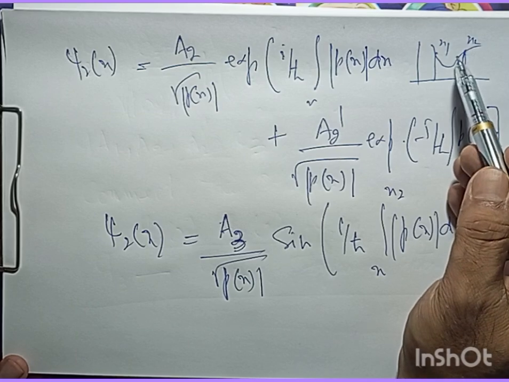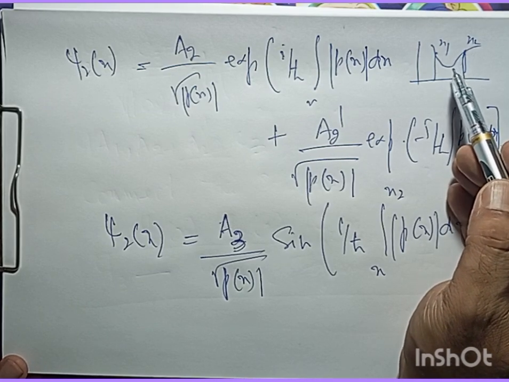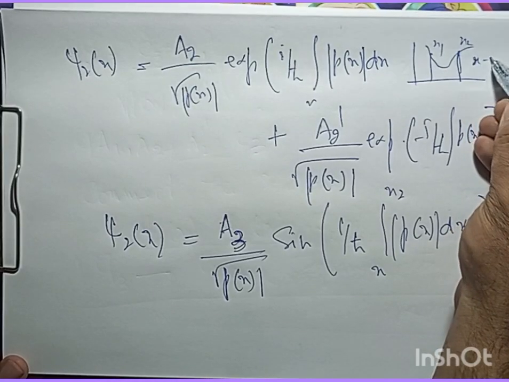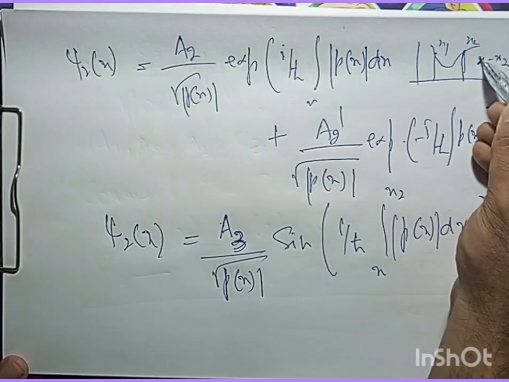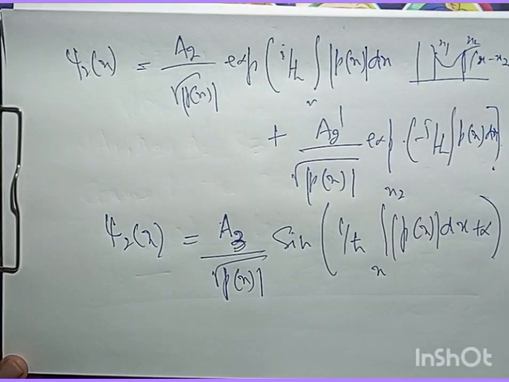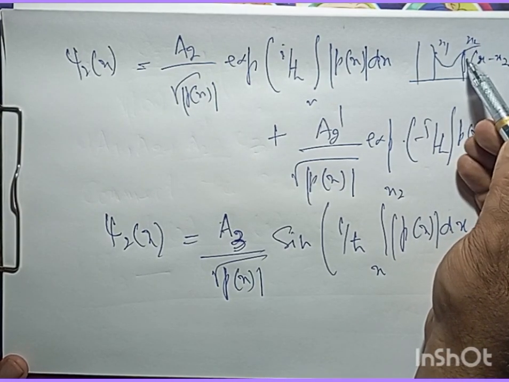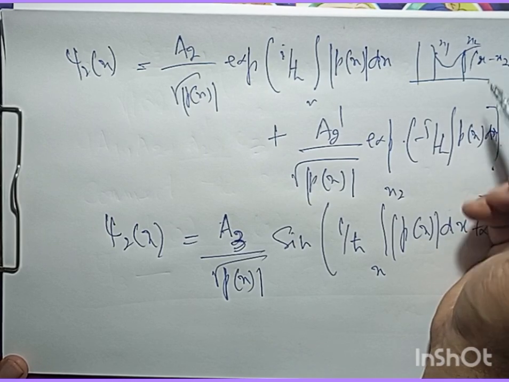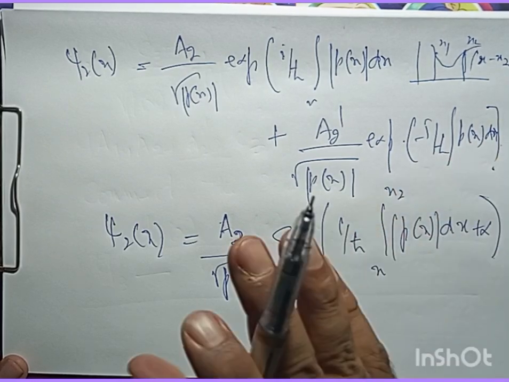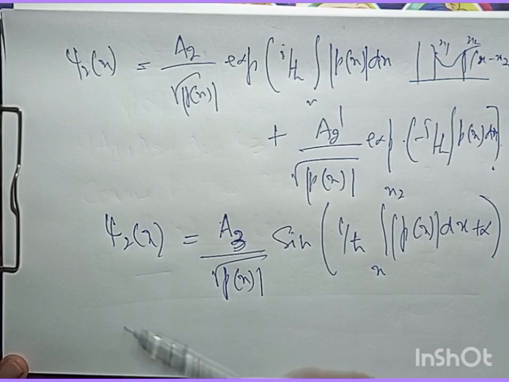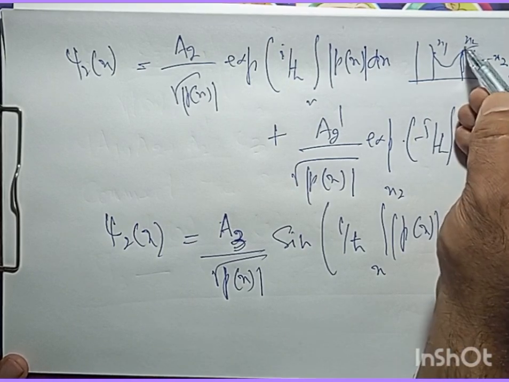As has been talked about, if we take the magnitude of x minus x2 and assume it is extremely small, within that region of x minus x2 we can approximately represent the potential by a straight line.